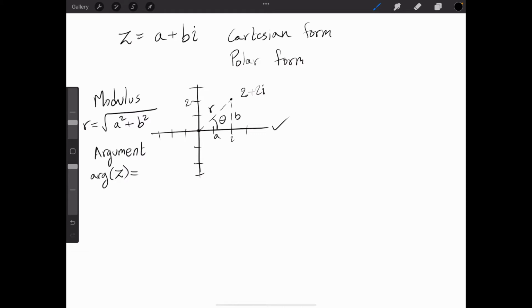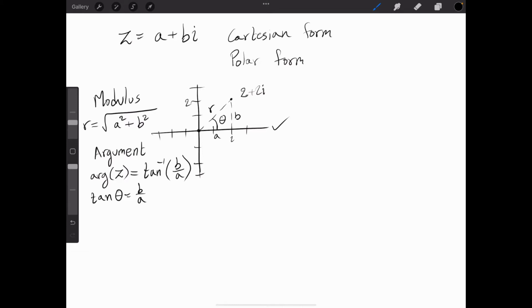The angle can be written as the inverse tan of b over a, because tan of theta is equal to b over a. So the inverse tan, or arctan, of b over a gives theta. It's pretty simple, right?